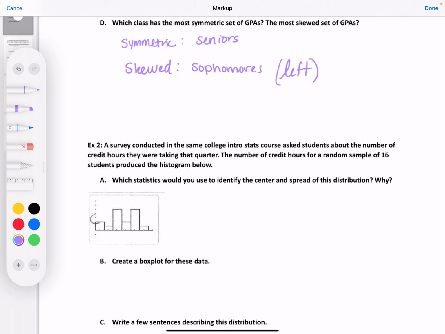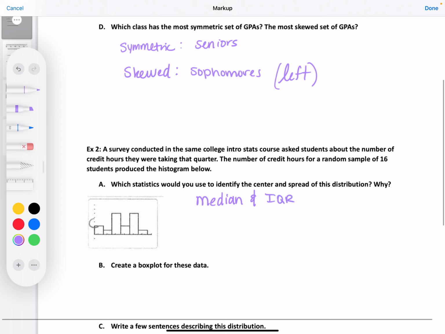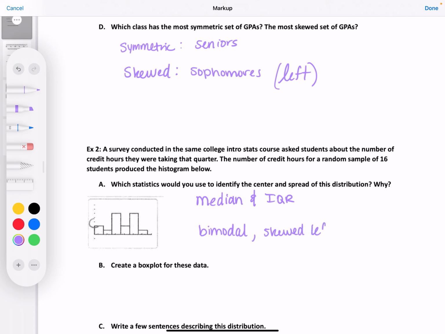Okay, so then what do you want to use for the center then? Median. And what about the spread? IQR. Yep. Median and IQR, because, like you said, it's bimodal. And you could probably argue it is skewed left, at least a little bit.